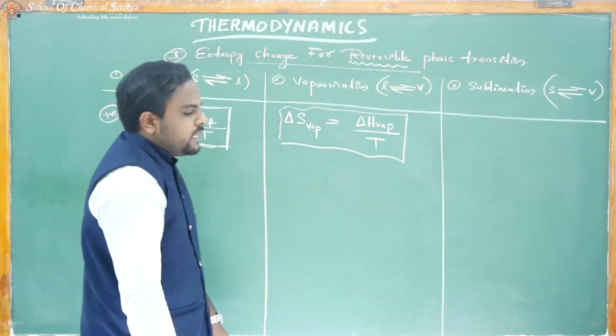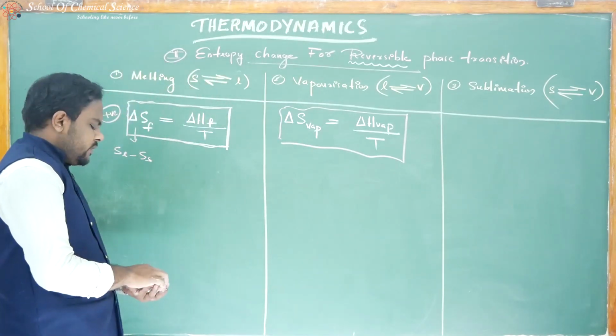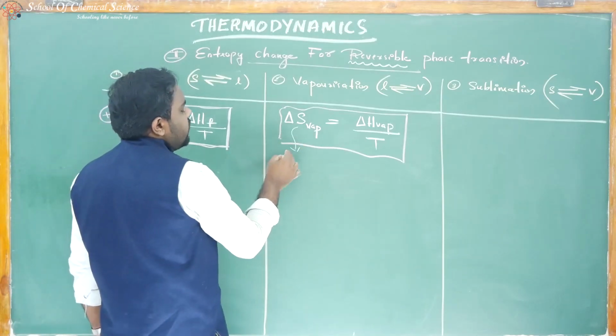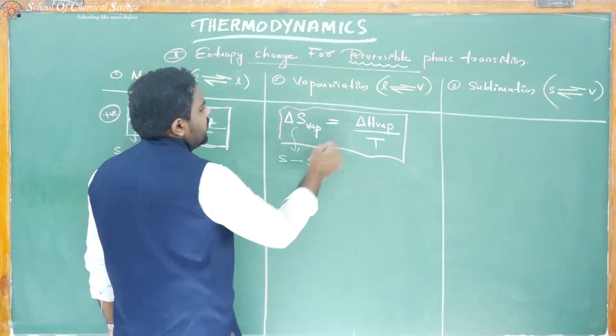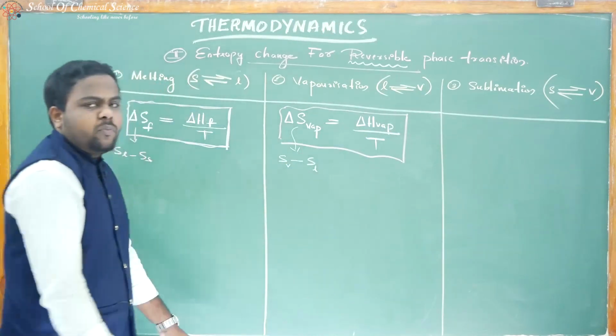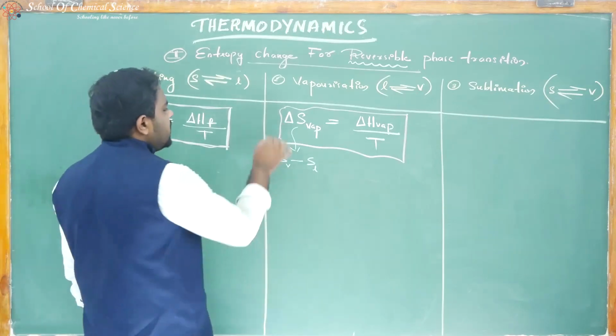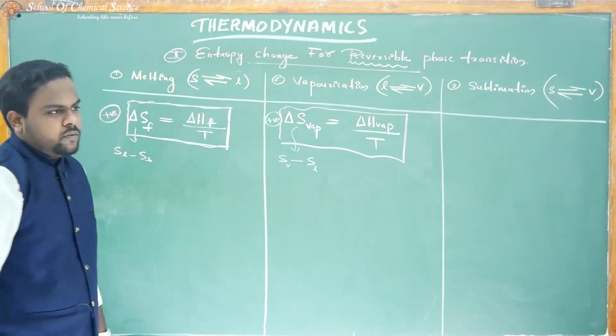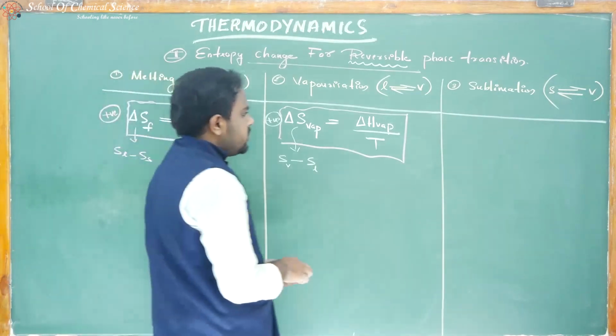Is it positive or negative? Delta S vaporization means final entropy minus initial entropy. Final is vapor, initial is liquid. Definitely it will be positive because vapor has the highest entropy. So here also the entropy change is positive.